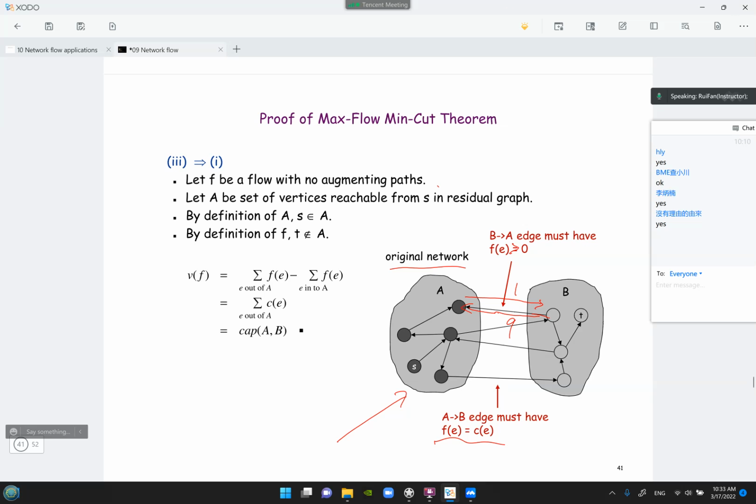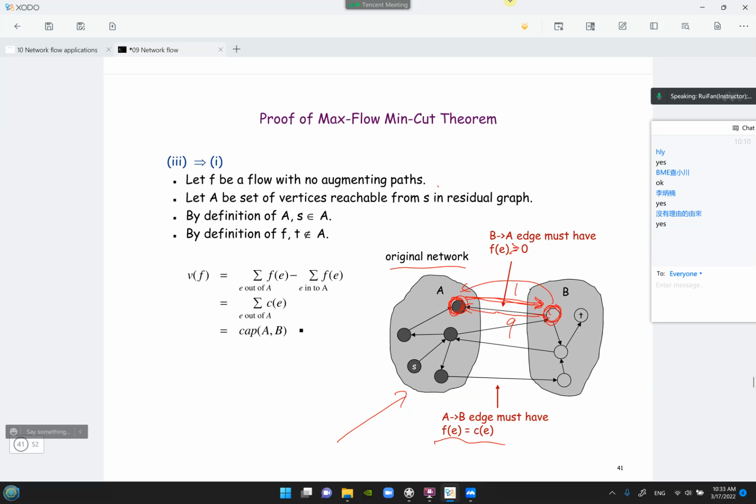So if there is positive flow, then there is an edge from the A node to this B node. But then that would mean that this B node should actually be part of A, because this B node is now reachable via this additional edge in the residual graph.